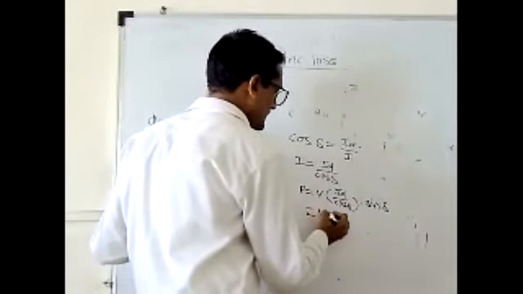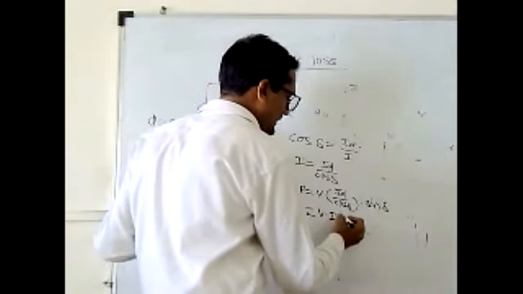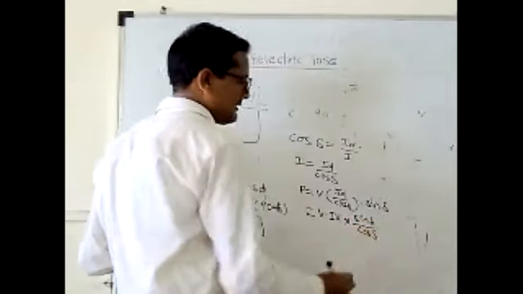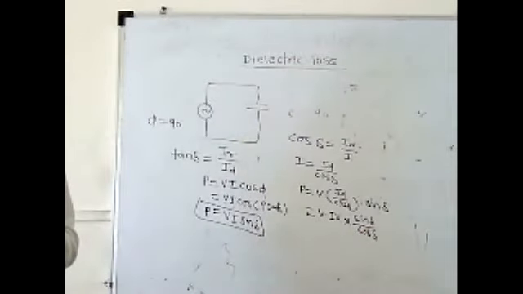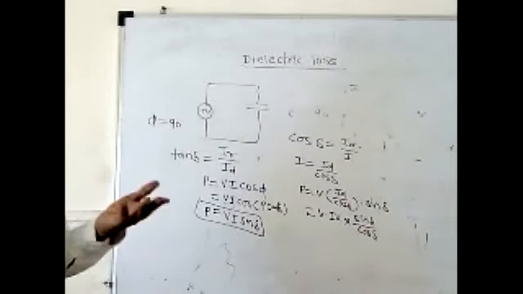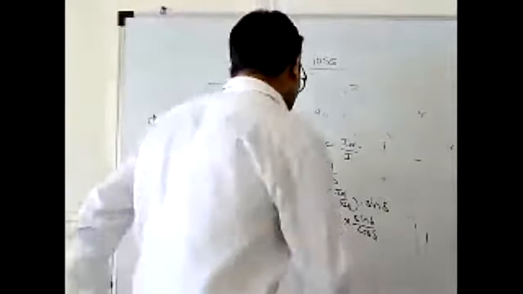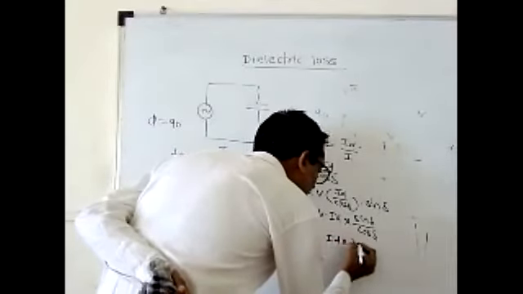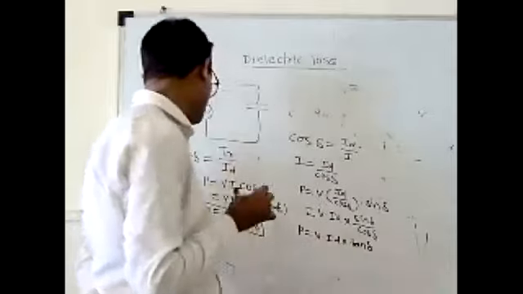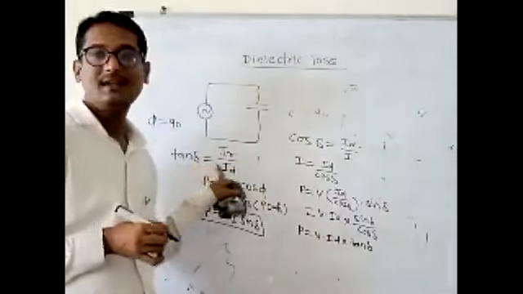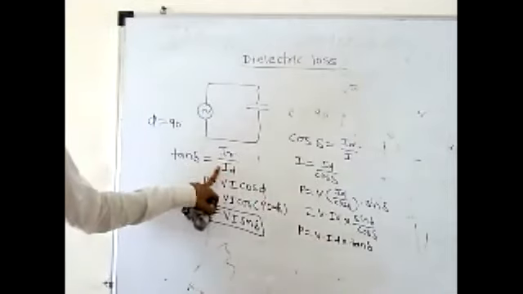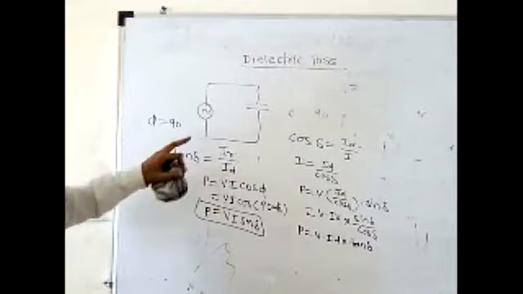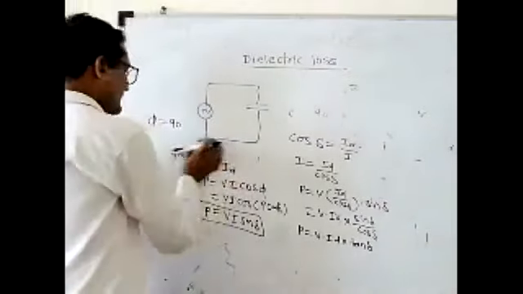By rearranging this, V into ID into sine delta upon cos delta. What is sine delta upon cos delta? It is nothing but tan delta. Then P equals V into ID into tan delta. But tan delta is IR upon ID. Then ID equals V upon XC.